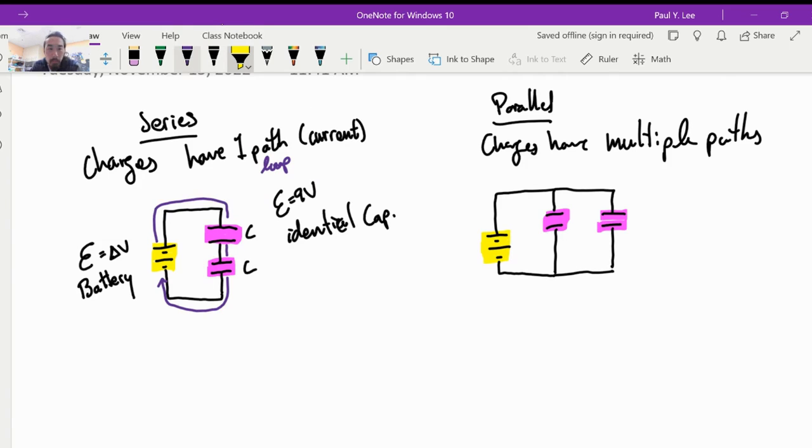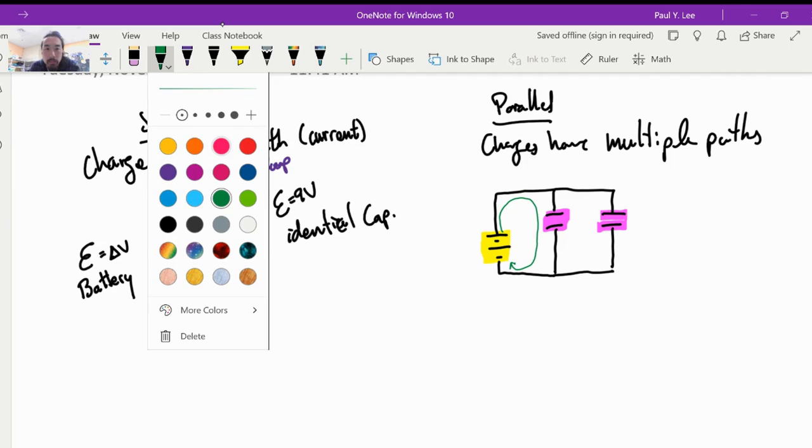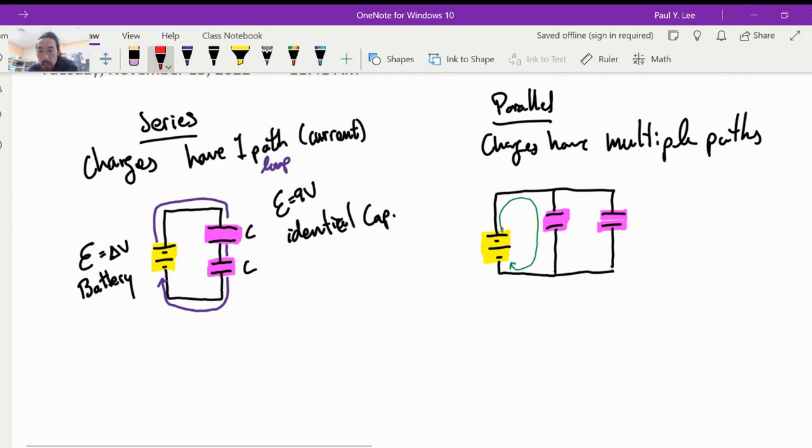What I mean by the charges having multiple paths is that the charges can take either this inner path here, or, given the option, they can also take this outer path right here.